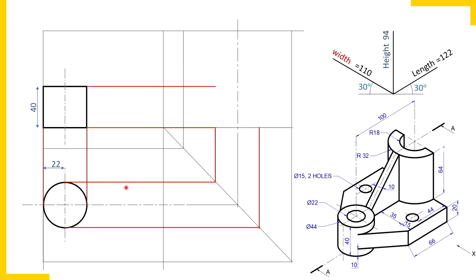So this is how, by drawing end projectors, I have completed the rectangular box in the side view also. Now where the cylinder appears as a rectangle, you must not forget to draw the axis. Here in the side view the center line is already present. In the front view you will have to draw that center line. Okay. So remember once again, we'll draw that smaller detail, that is the hole, later.